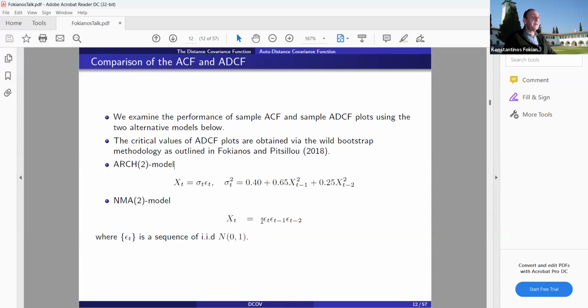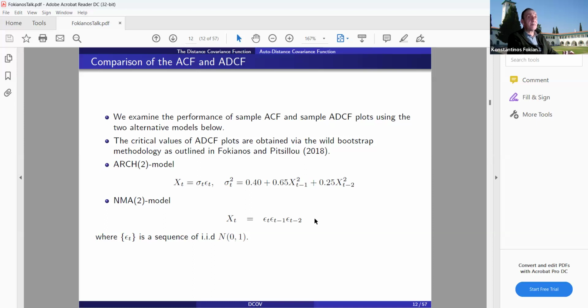Clearly there is dependence at lag 2, because this depends on t minus 1 and t minus 2. But the correlation function does not discover it because it is employed to discover linear relationships.